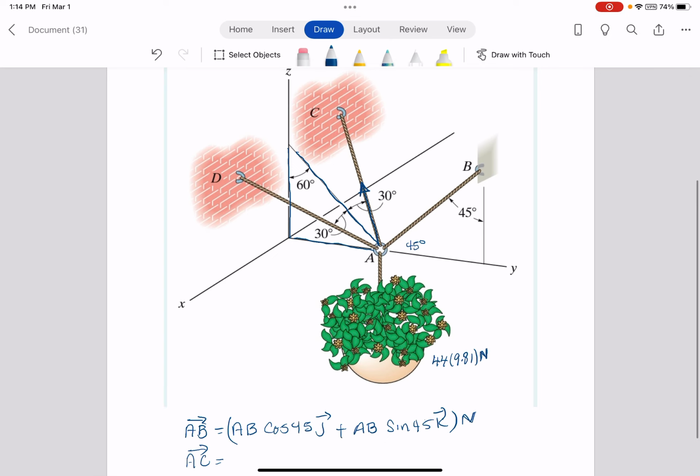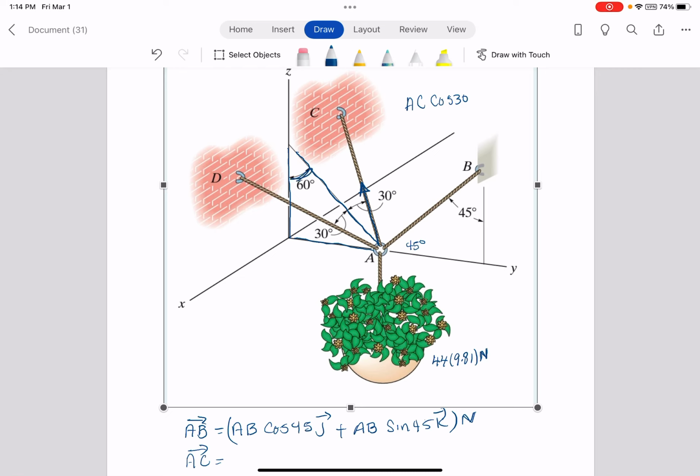So cosine 30. AC cosine 30, and if this is 60, this is 90 for the triangle, this is going to be 30. So AC cosine 30 again, because this is 30 also, going to make it in the negative y.